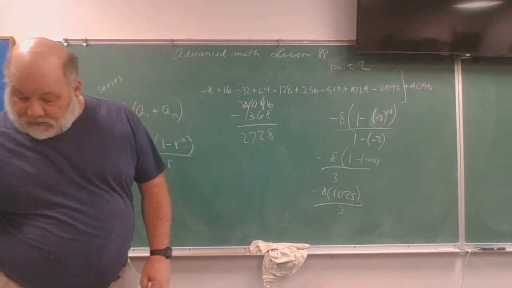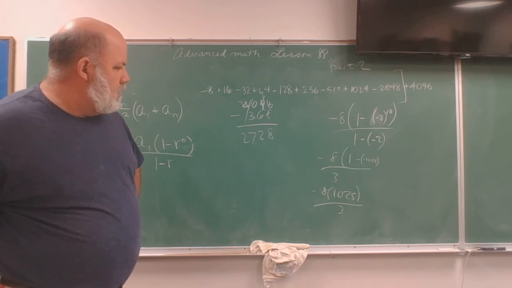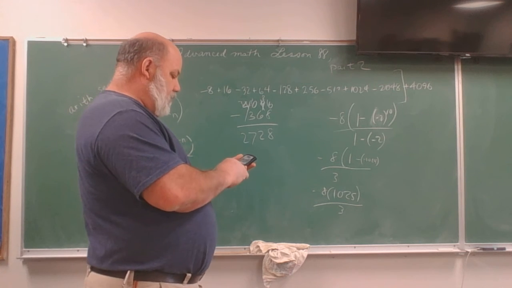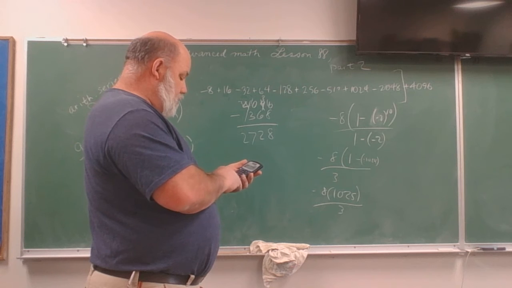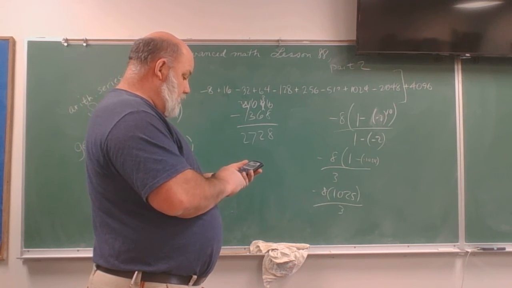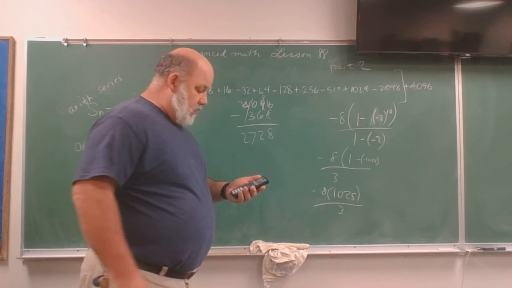I'm going to have to do this whole video over. I don't know what I did wrong. 1 plus 8 times 1,025. Try it again. Clear. 8 times 1025 equals. Now that's not going to be divisible by 3. What did I do wrong?